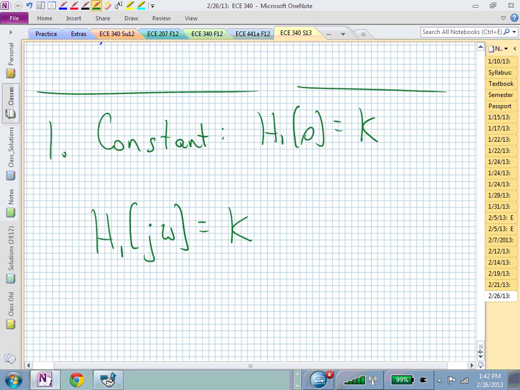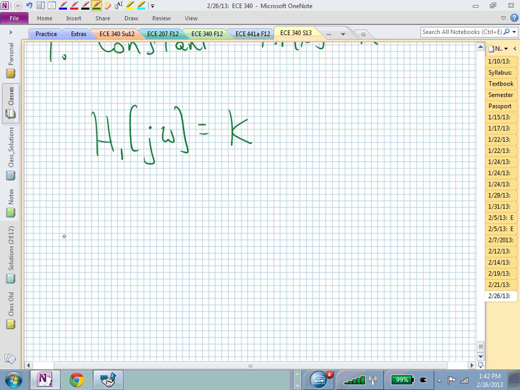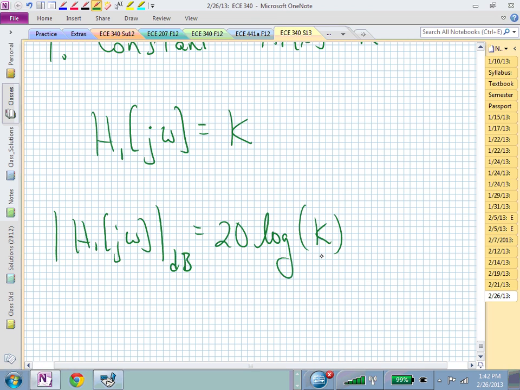If we now compute its magnitude in dB, that's just 20 times the log, base 10, of the magnitude of k, and that's true for all frequencies. It's just a fixed number.